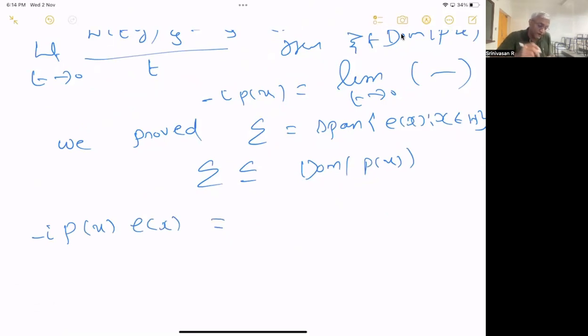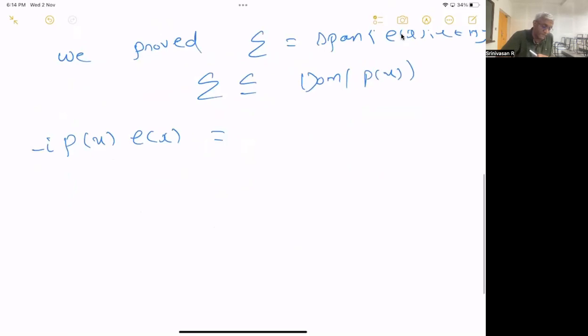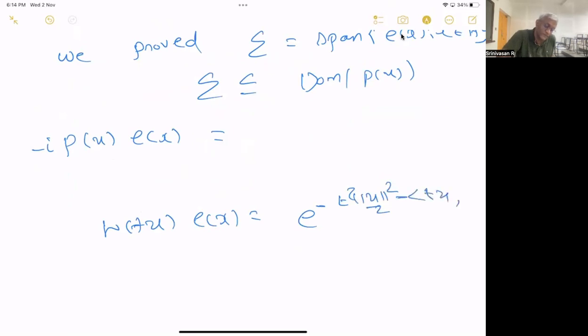So let us just remember what we will get. If you act W of tu on E of x, this is going to be e power minus t square norm u square by 2 minus t u x, times E of x plus tu. There is a product of three functions which depend on t, so you use the product rule.